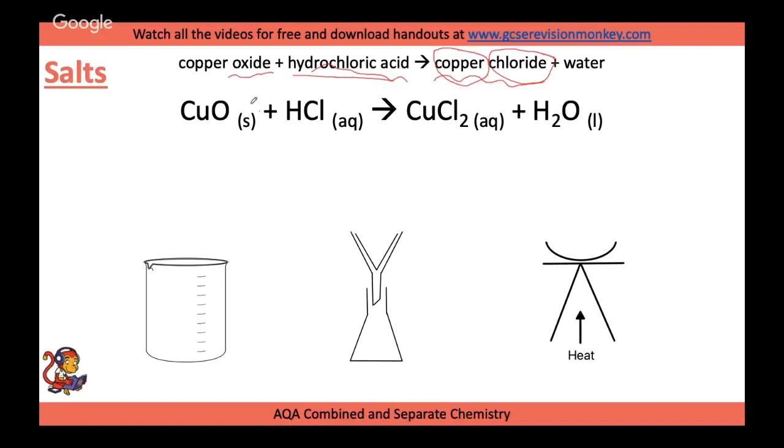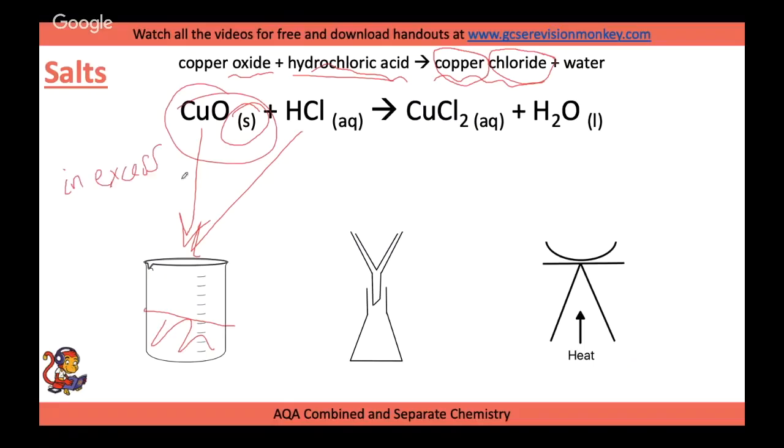So in this case, we've got a solid, this state symbol means solid, mixing and reacting with our acid. So we'd add into a beaker the solid and our acid, but it's important to add this solid in excess. That means keep adding it until no more will react.